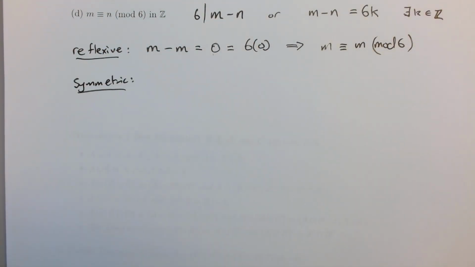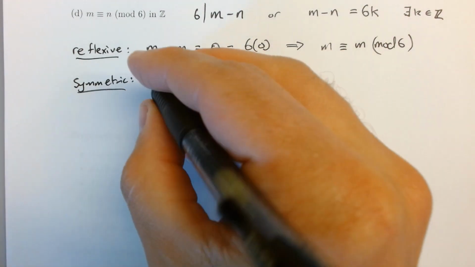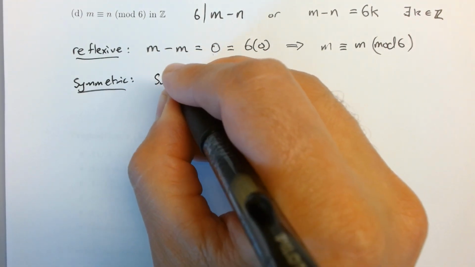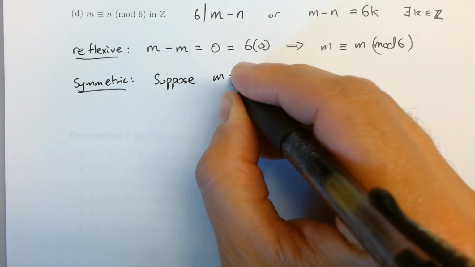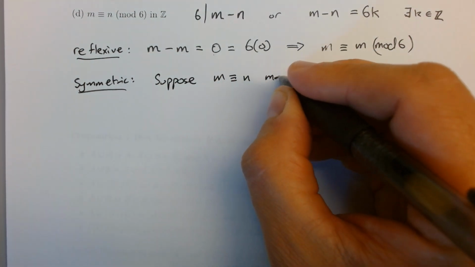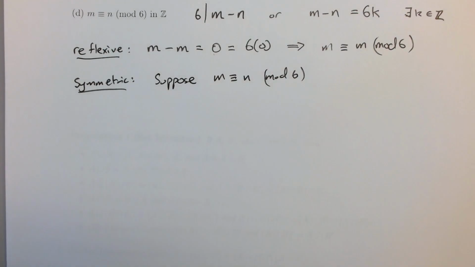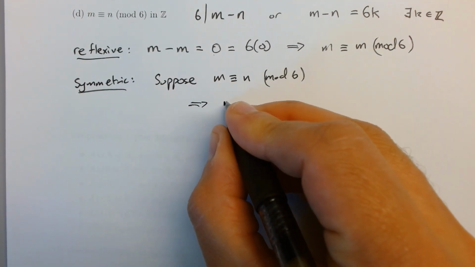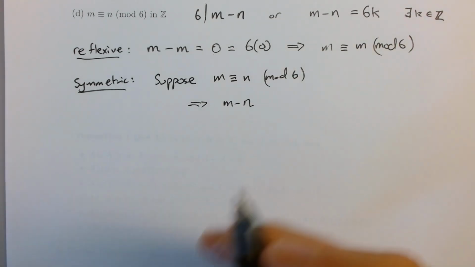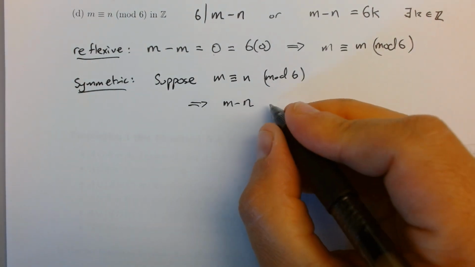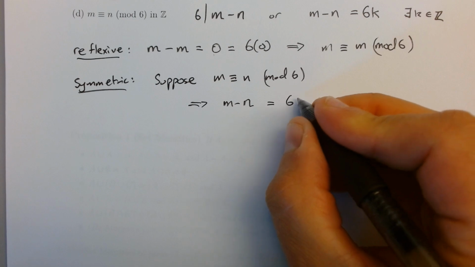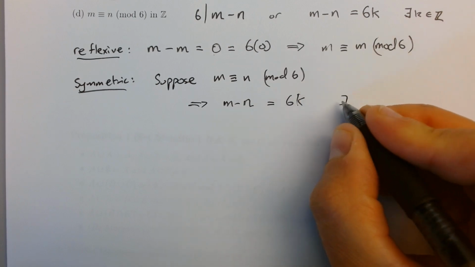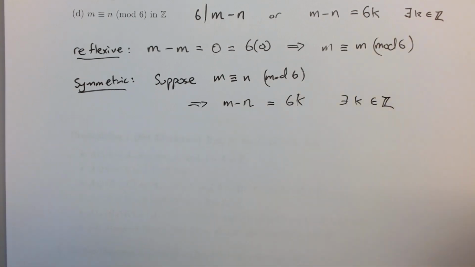So for symmetric, we assume that it goes one way and prove that it goes the other way. So suppose m is congruent to n mod 6. Our goal is to show that n is congruent to m mod 6, so the other way around. By definition, this means the specific difference, m minus n, is 6k for some k in the integers.